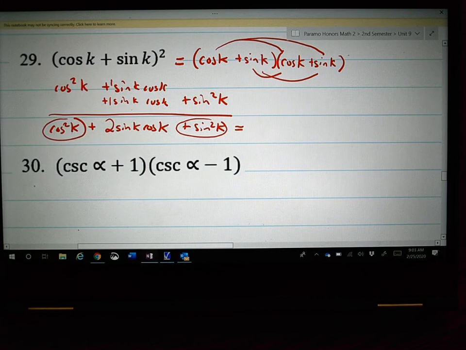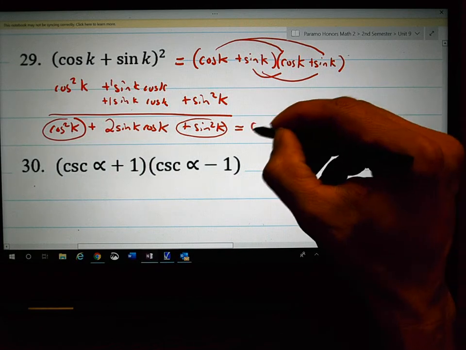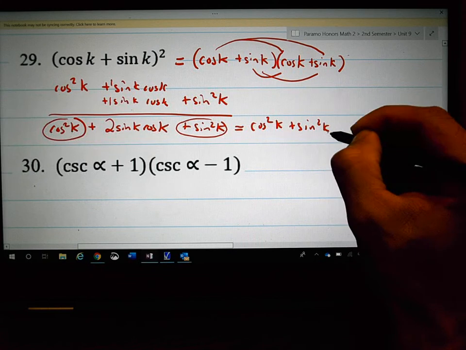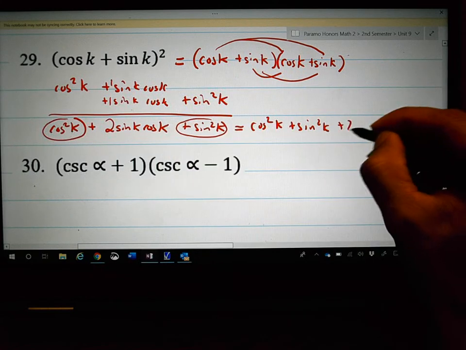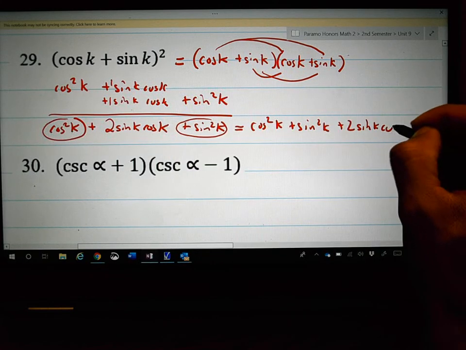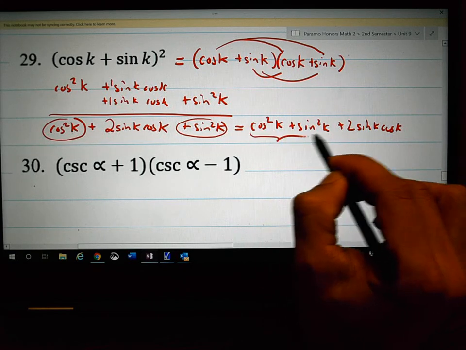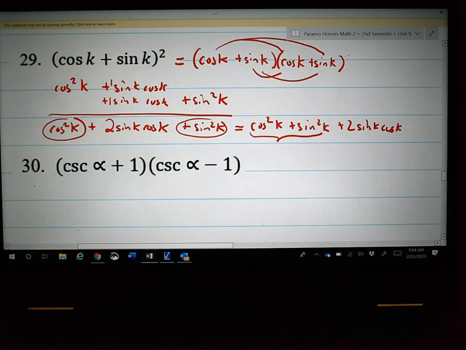I'm going to put cosine squared of k plus the sine squared of k next to each other, and then I'm going to add the 2 sine of k cosine of k right there. And the reason for that is I know what the cosine squared of k plus the sine squared of k is. It simplifies. It goes from 2 things down into 1 thing.